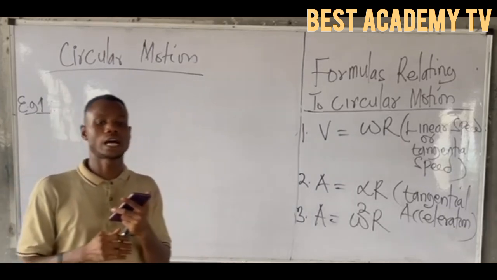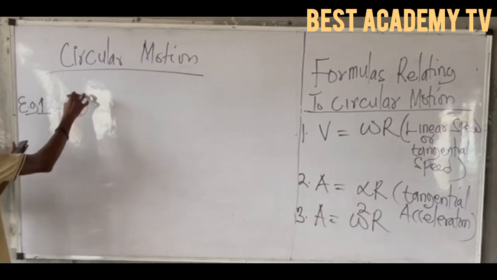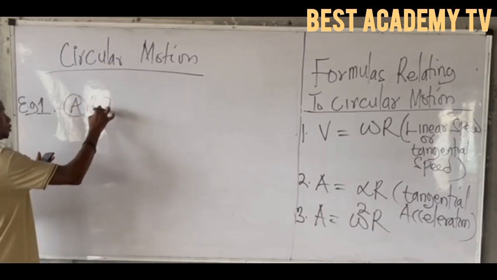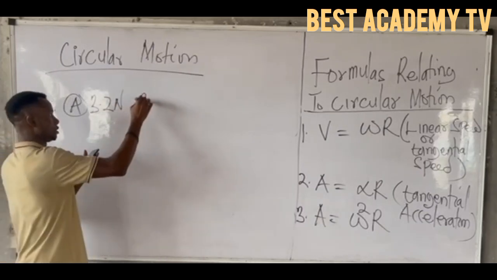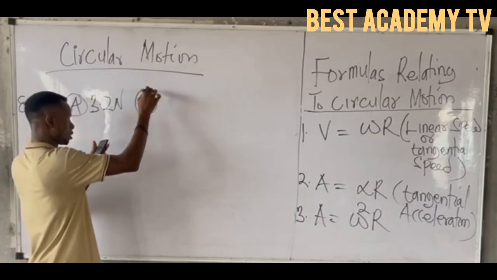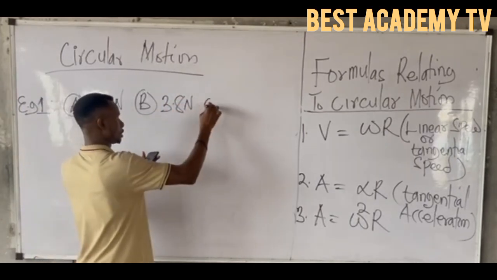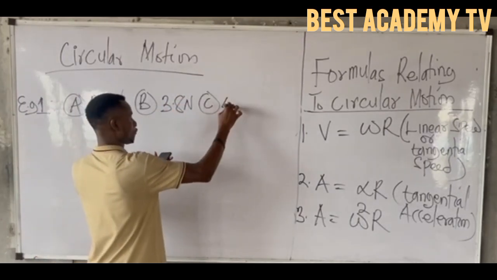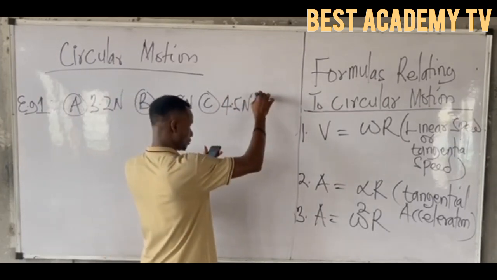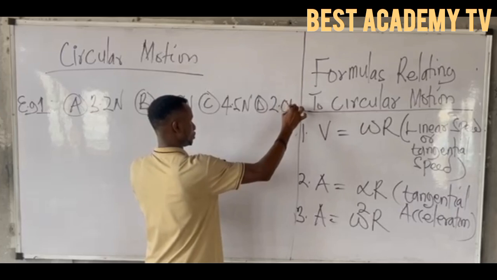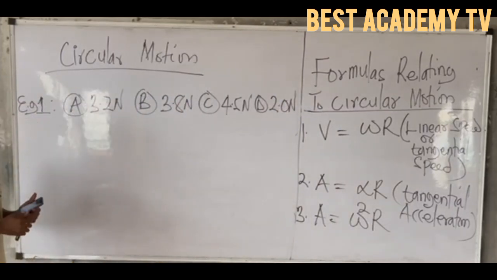What is the centripetal force? They say A, 3.2 newtons, B, 3.8 newtons, C, 4.5 newtons, D, 2.0 newtons. Alright? Okay?